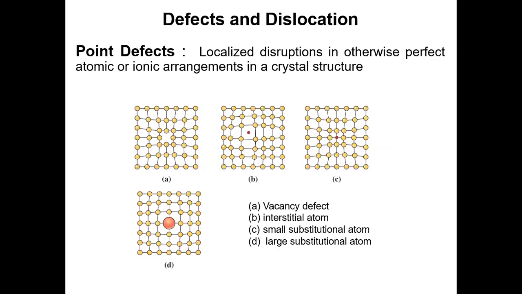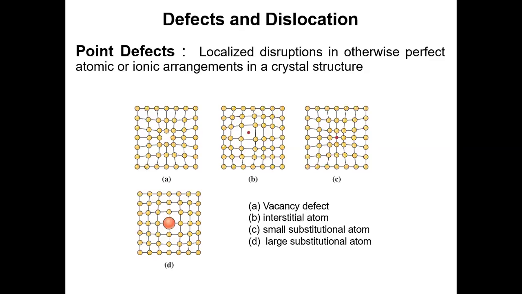Okay. Then we will move on. We know that practically they are not that perfect. There are defects. Okay. So let's learn the possible defects that can happen in crystalline materials.